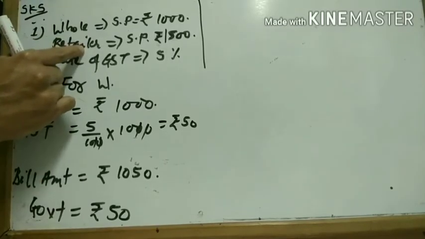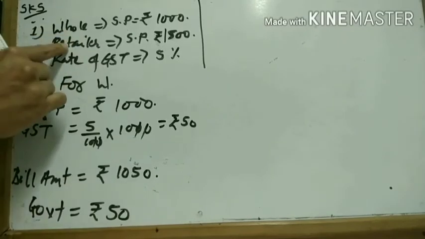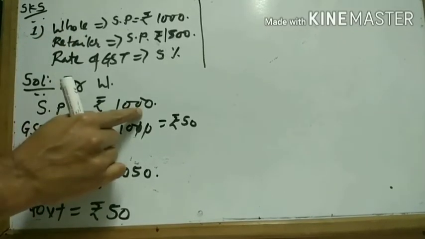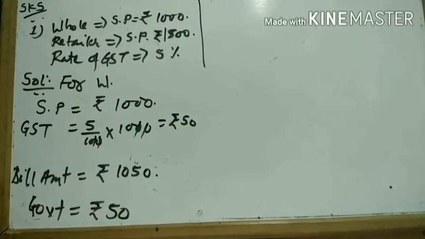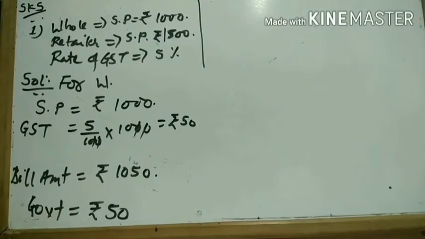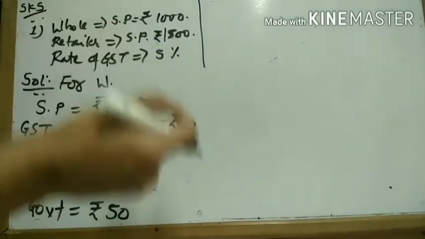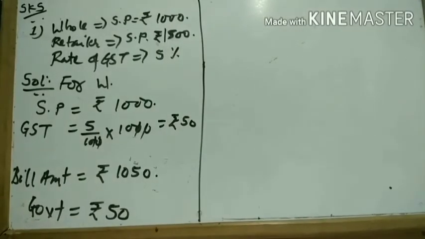The government has got it from the retailer, because this bill amount is for the retailer. So the wholesaler sells it for 1000, collects rupees 50 as a tax. He is a collector, he is not the payer, and in turn he pays not from his pocket, he pays from the collection of the next transaction.